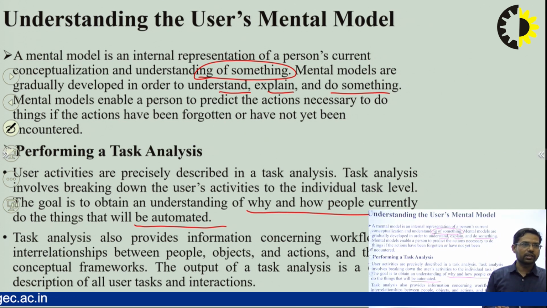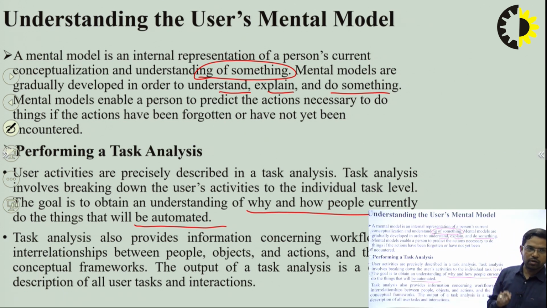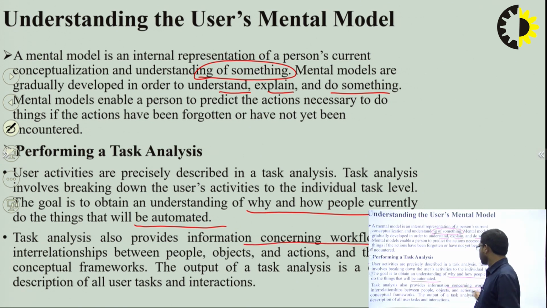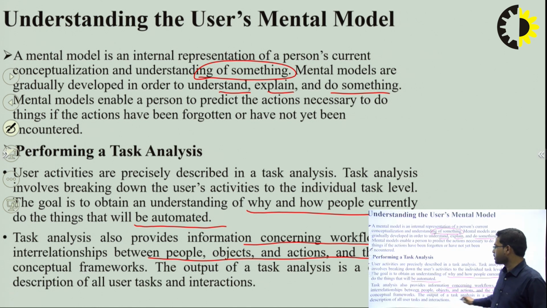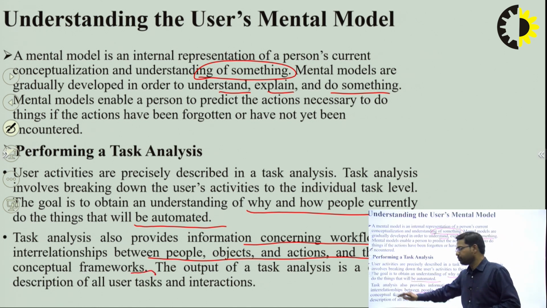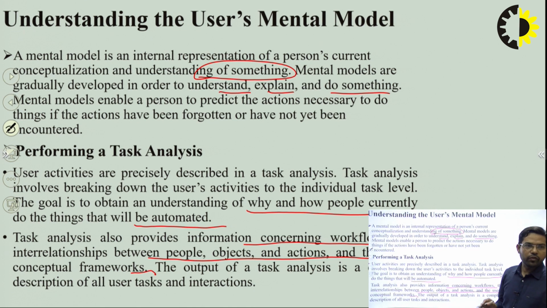Task analysis provides information concerning workflows, the interrelation between people, objects and actions, and the user's conceptual frameworks. The output of a task analysis is a complete description of all user tasks and the interactions.